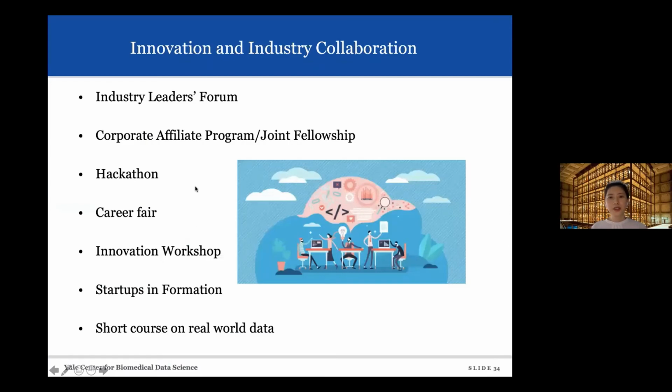In addition to the traditional academic activities, we also open our arms, because we think the more we share the data, the bigger the impact we can make. Particularly with industry partners, pharma, and technology companies. The joint fellowship I mentioned with Boehringer Ingelheim was one example, but we'd like to engage with others.